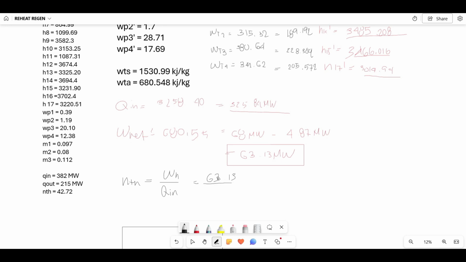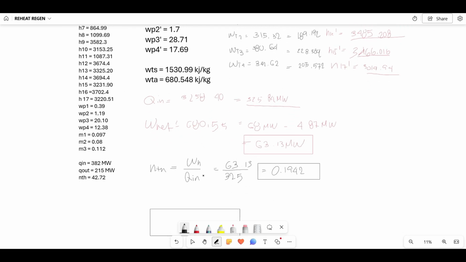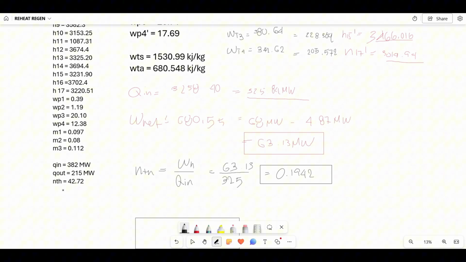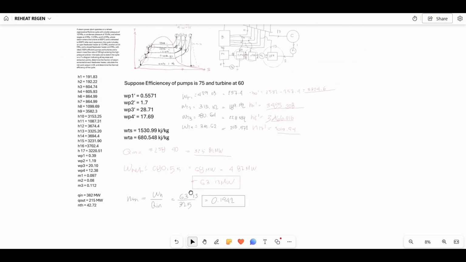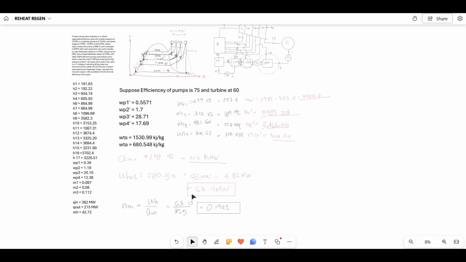So 63.13 divided by 325 will yield us a really bad number of 0.1942. Therefore, its efficiency is really low compared to its original ideal efficiency of 42.72%. So this is how you solve for an actual Rankine cycle involving reheat and regenerative, assuming that the masses do not change.